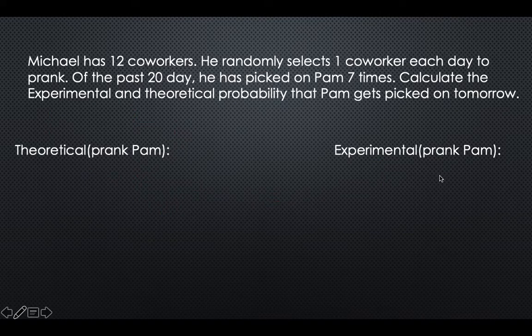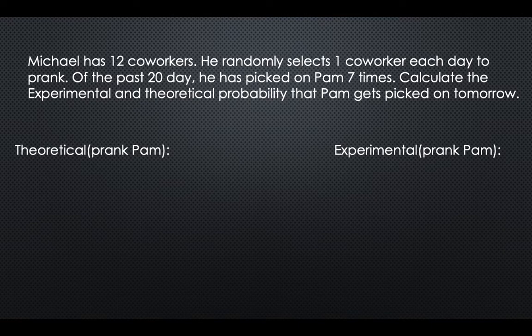So let's try this one. I made this when I was watching The Office, so I've got to throw my Office reference in. I'm pretty sure it was season 2. Somewhere it referenced that he had 13 workers or coworkers. It wasn't clear if Michael was included, so I just said Michael has 12 coworkers. He randomly selects one coworker each day to prank. Of the past 20 days, he has picked on Pam 7 times.